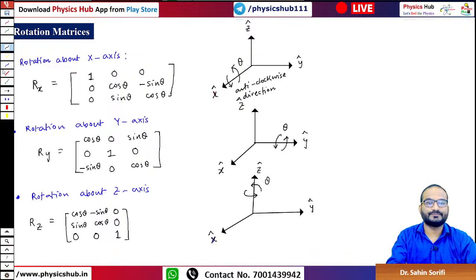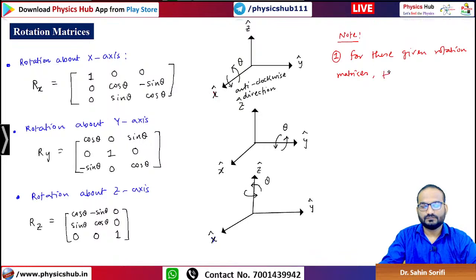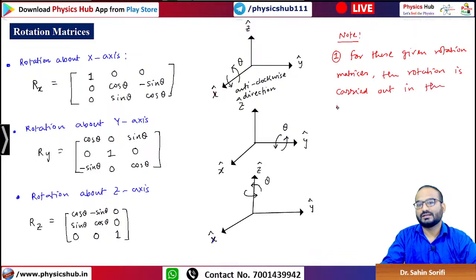So you can also write some notes here. Note, the first note we have already told you: for the given rotation matrices, the rotation is carried out in the anti-clockwise direction.